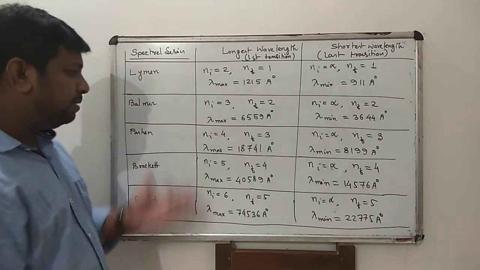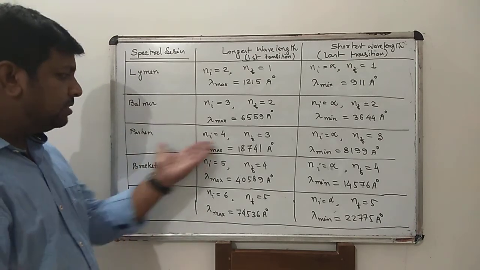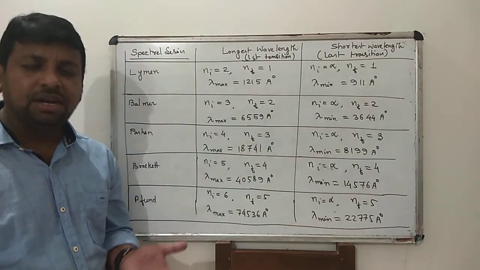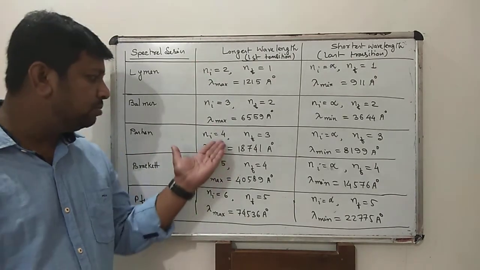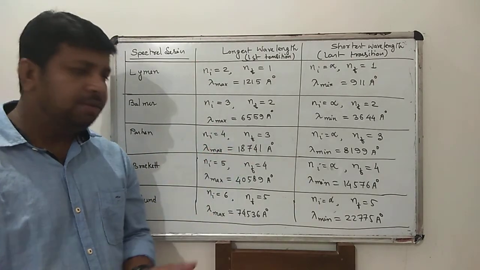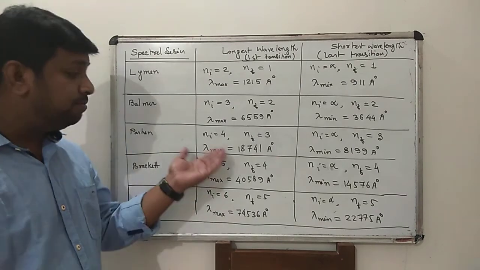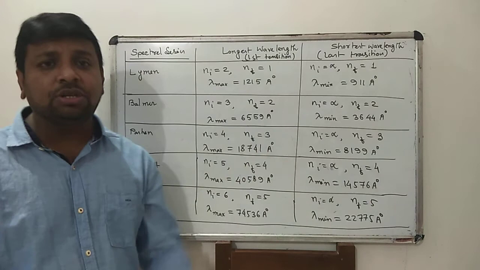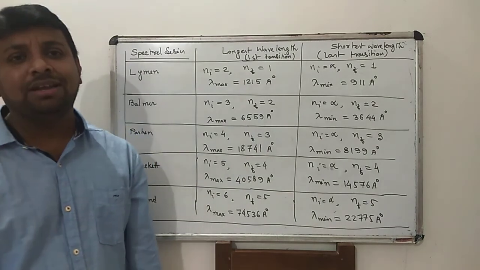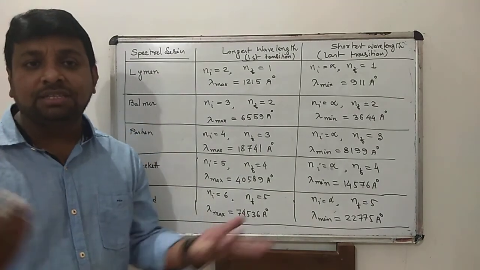Okay. Next is the Paschen series, which is similar: 4 to 3. The ground state is 3, the higher transition is 4. That means 4 to 3. That means lambda is maximum. The first transition wavelength is 18,741, and the last transition wavelength is 8,199. So it can be easily remembered.